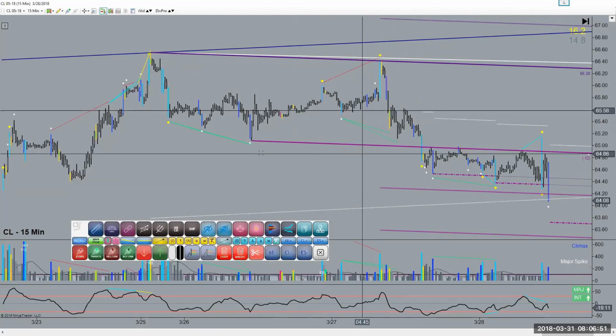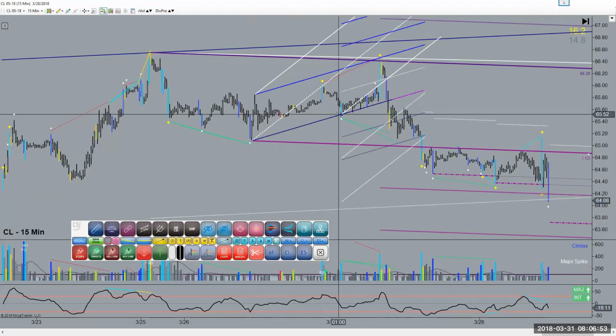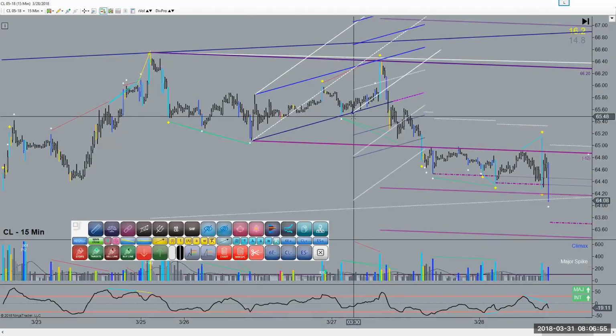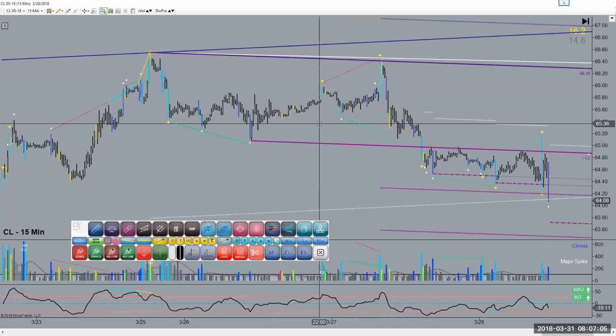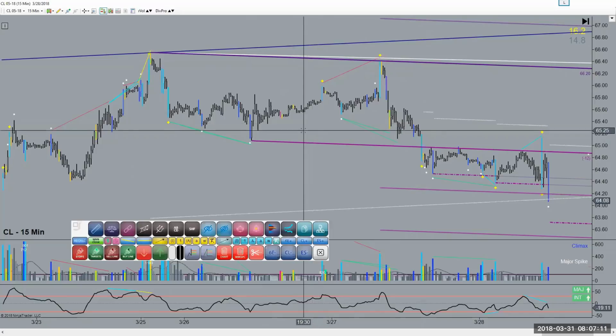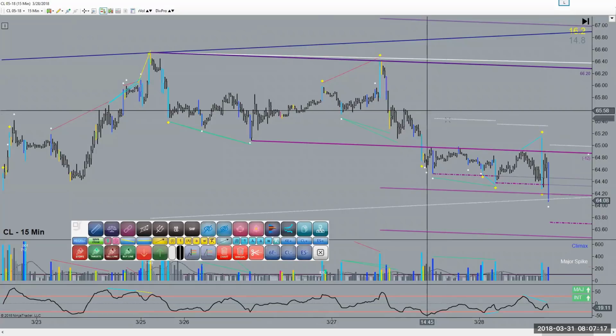Maybe the smallest one I would draw would be this one. You see? It came right up to the top of that channel on that huge buying climax, followed by a churn bar. When you're first getting used to this type of analysis, it's a little overwhelming, and getting our analysis directly to your charts is going to be pretty important for a lot of people.